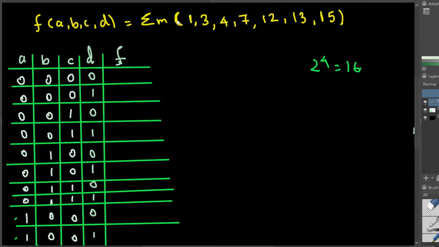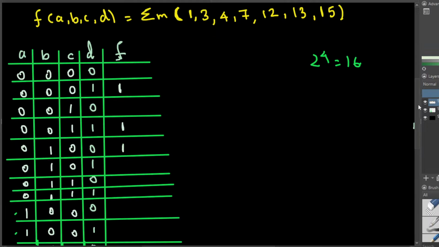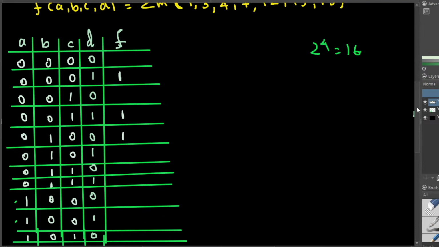The minterms provided are the locations where we are going to have 1. At 1 we have a 1. At 3, which is 2 plus 1, that is right here, and we have a 1. Then 4 is right here, we have 1. Then we have 1 at 7, right here.